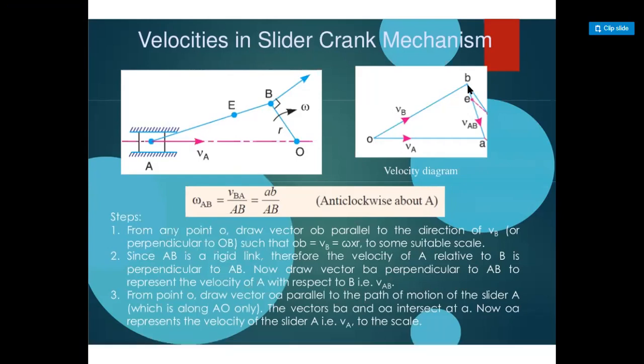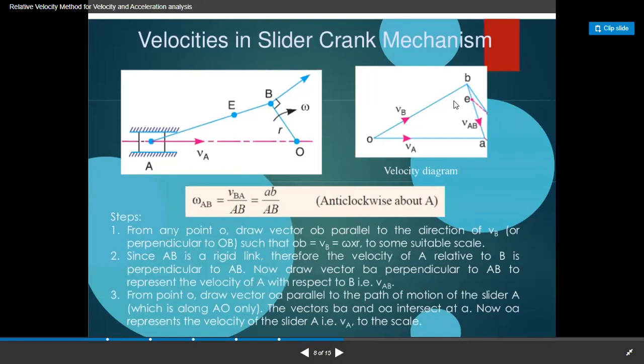Now you have to draw AB, or you have to find the velocity of B with respect to A. How can you generate the velocity of B with respect to A?